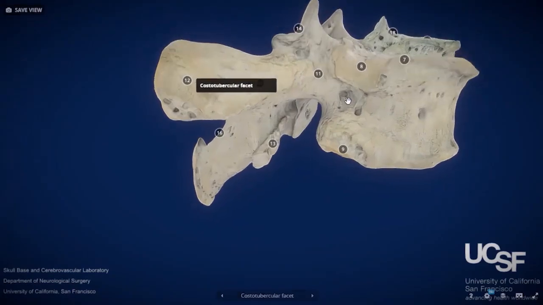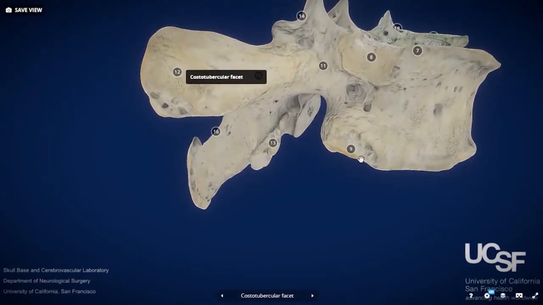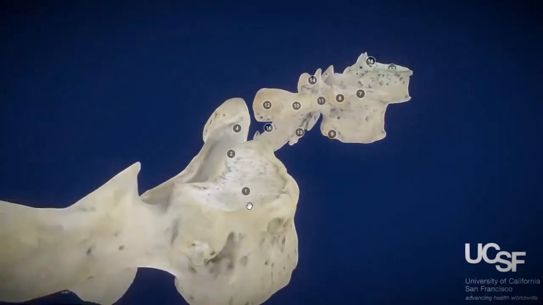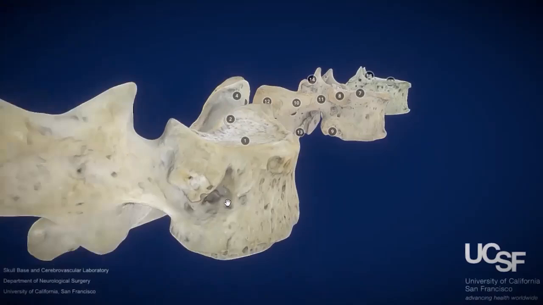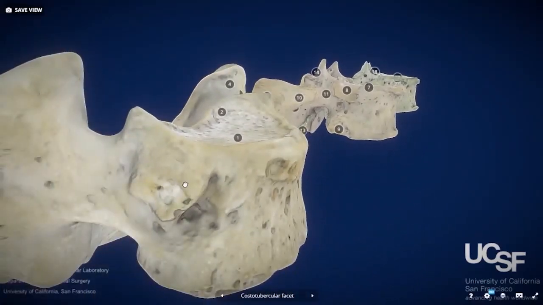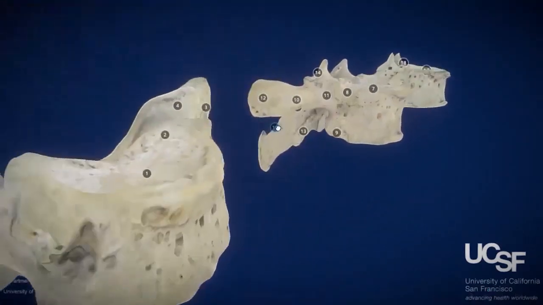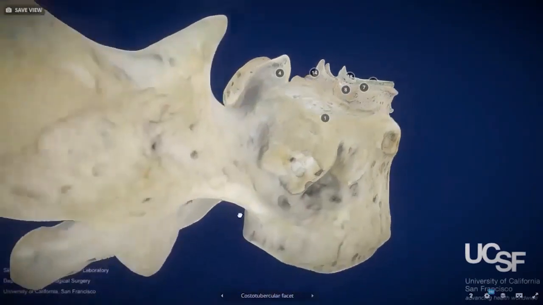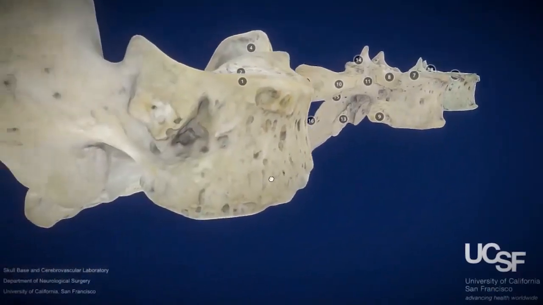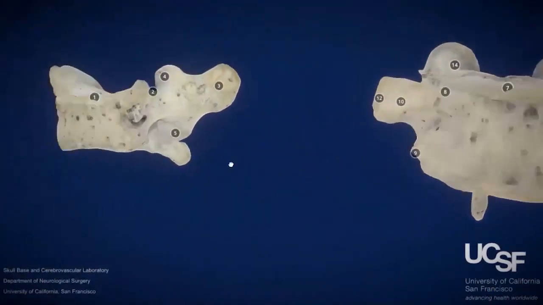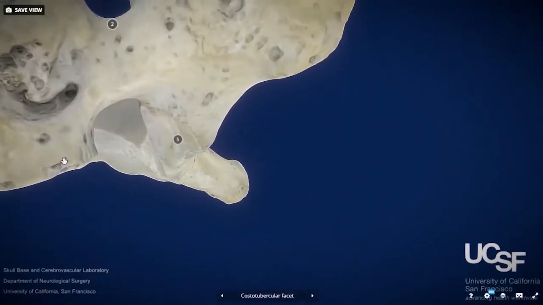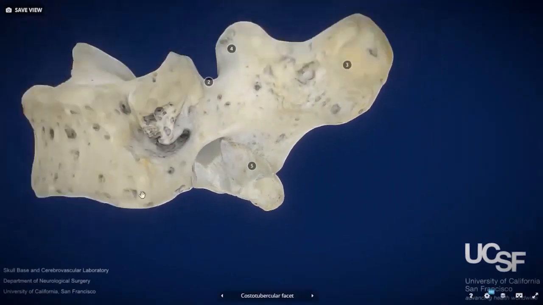So we can identify again superior and inferior demifacet on T5, as well as a superior demifacet on T1 that resembles the superior demifacet of T5, and a very small inferior demifacet again on T1.